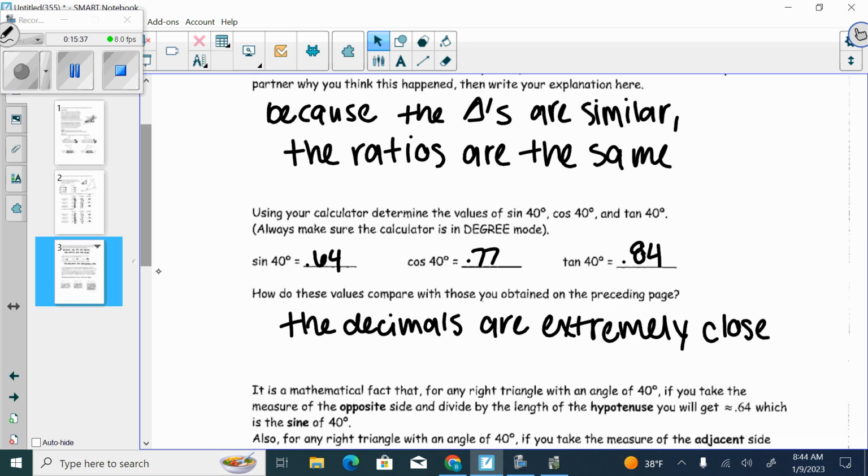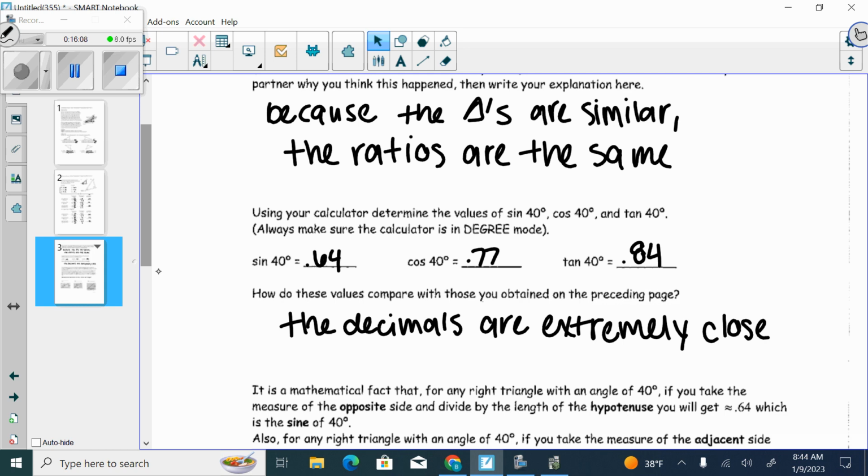Also, for any right triangle that has a 40-degree angle, if you take the adjacent side and divide it by the hypotenuse, no matter what the side lengths are, you're always going to get approximately 0.77. This is what cosine of 40 degrees is. And then, similarly, if you have your opposite side divided by your adjacent side in a 40-degree angle, then you will always get approximately 0.84, which is what we call tangent of 40 degrees.